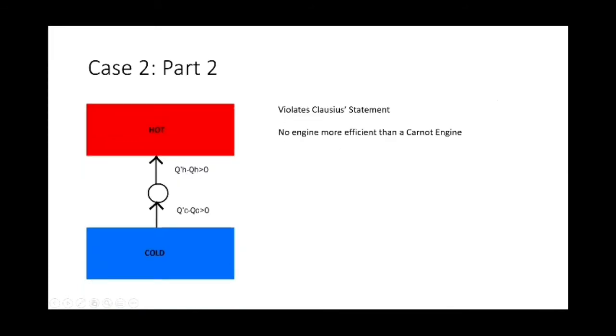This violates Clausius's statement, which says that it's impossible to transfer heat spontaneously from a cold reservoir to a hot reservoir without any other changes, which means that there is no engine that is more efficient than the Carnot engine.